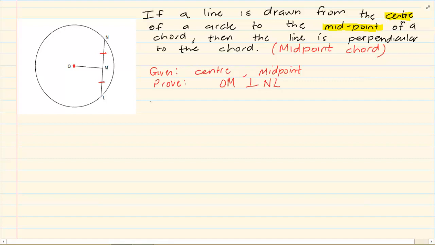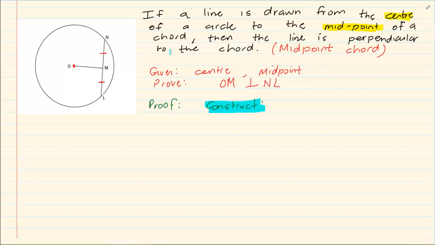How do I go about doing the proof? These are the steps that I'm going to do. Number one, I'm going to construct. Construct means in your proof, you're going to add lines. You can only construct in a theorem. You cannot go and construct in riders.